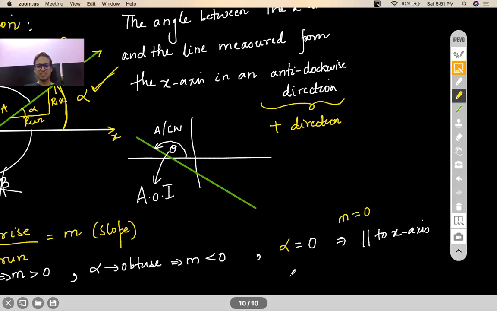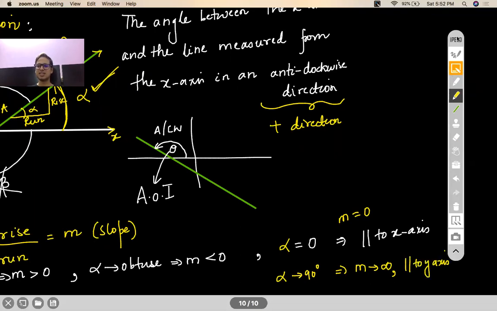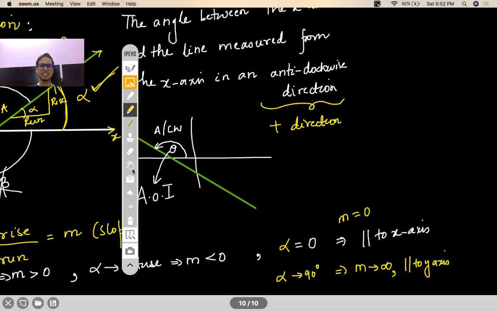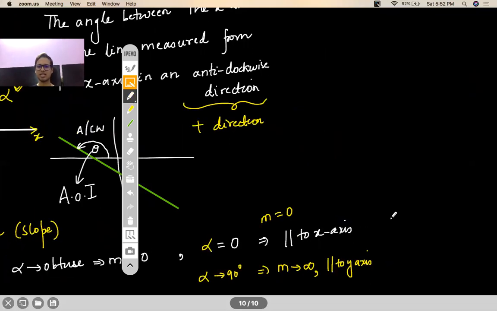And if your angle of inclination is tending to 90 degrees, many people say equal to 90 degrees also, that means your line will be parallel to your y-axis. That is what we call horizontal and vertical lines respectively. So this is the horizontal line, and this is the vertical line.